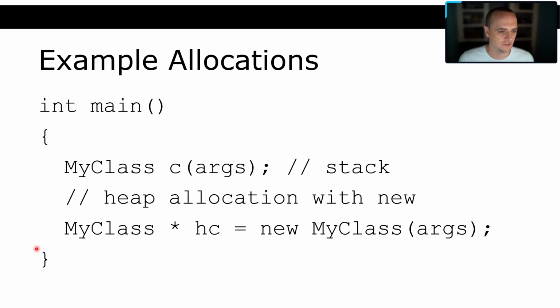As soon as this curly brace is reached, all of the variables here will be removed. Because c is stack allocated, that object is going to be destructed. I'll get into a very concrete example of this. If that was a little confusing, I'll show an example with a fake stack and a fake heap.